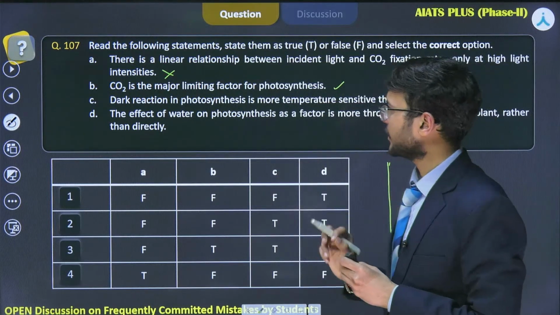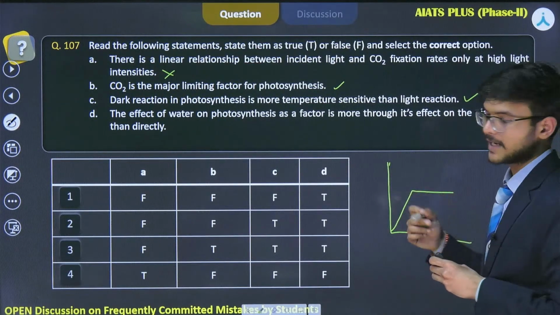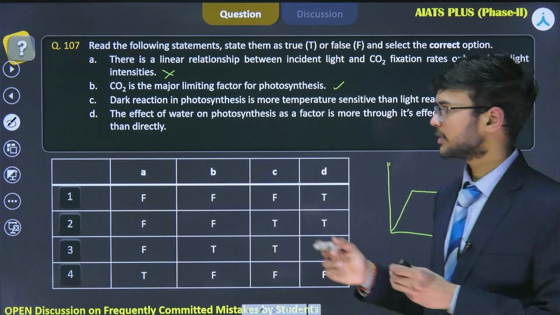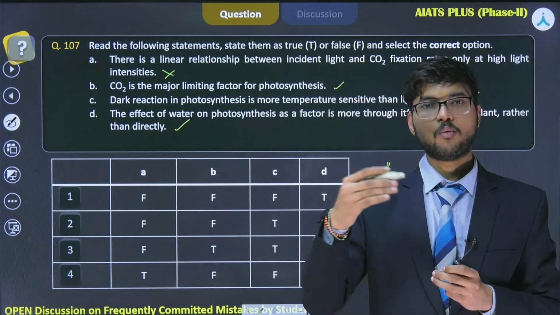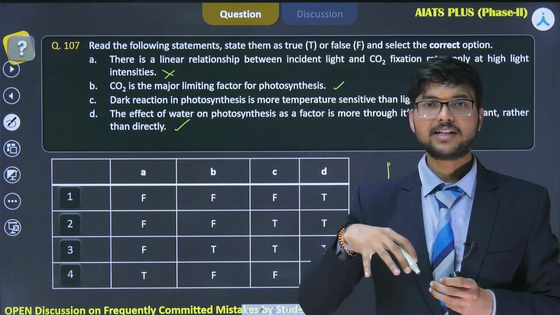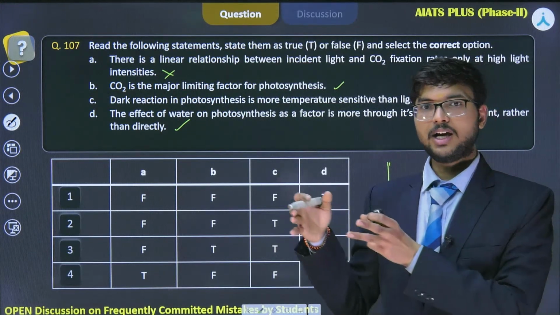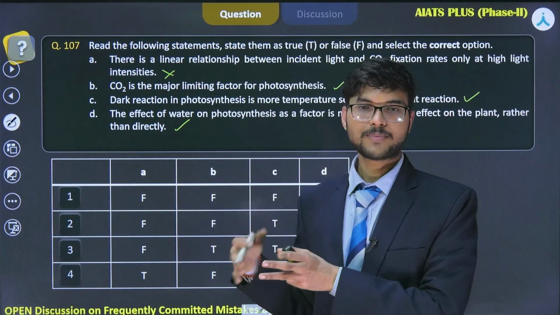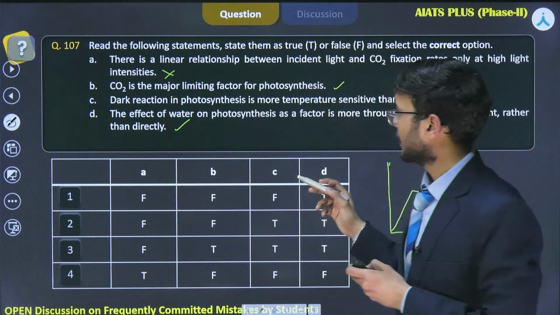Option D says the effect of water on photosynthesis as a factor is more through its effect on the plant rather than directly. Yes, this option is also true, because water does not directly affect the rate of photosynthesis. What it does, it affects the plant physiology, and due to the physiological damage to the plant, the process of photosynthesis is also hampered. Okay. So for this question, A is false.